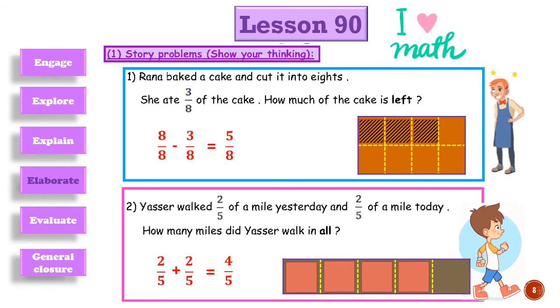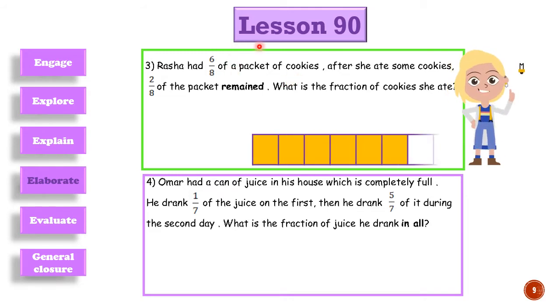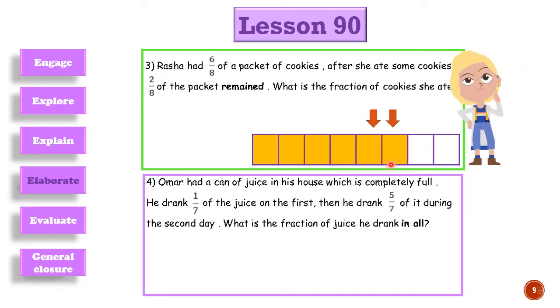Good job. And exercises. Here we have Russia had 6/8 of a packet of cookies, like this. After she ate some cookies, I don't know how many, 2/8 of the packet remained. 2/8 is remaining like this. These two parts only remained, not eaten yet. What is the fraction of cookies she ate? How many of these parts did she already eat?